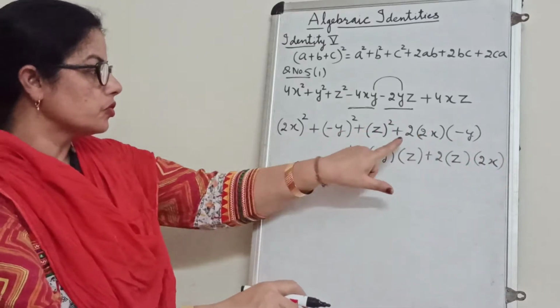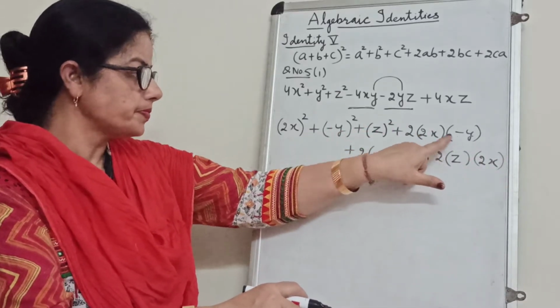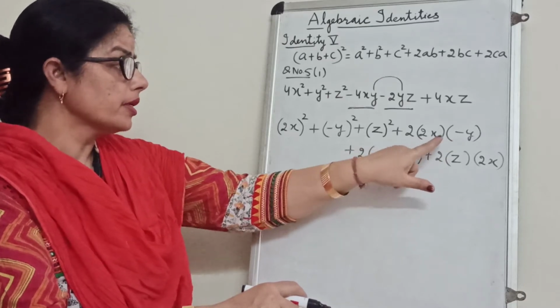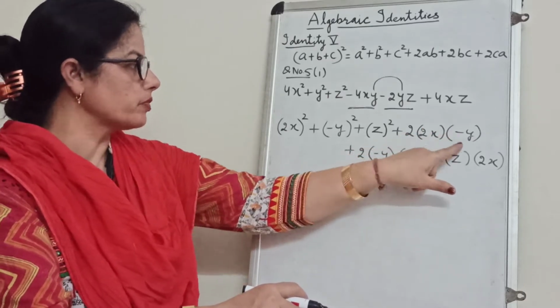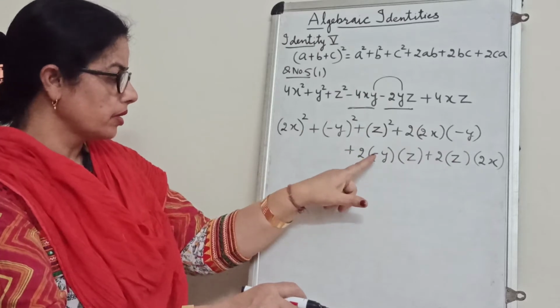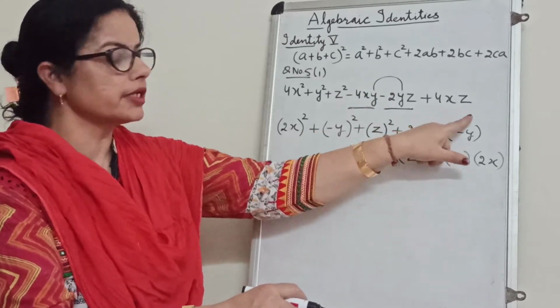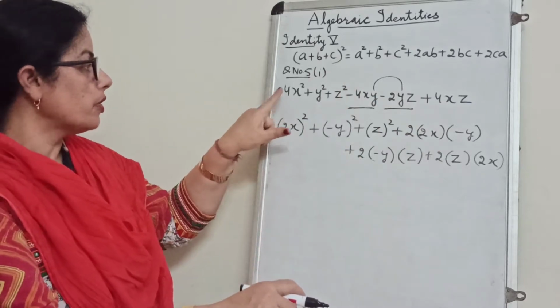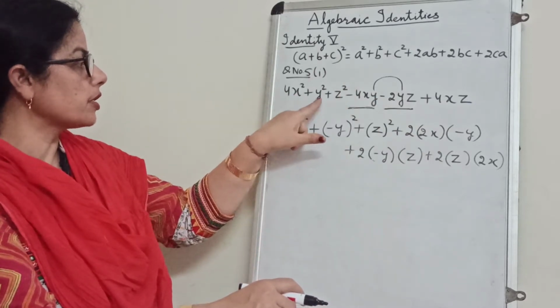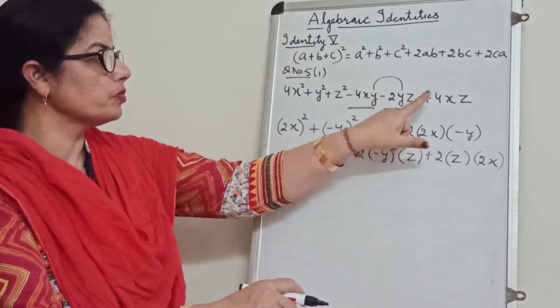If you solve orally, what do you get? Minus 4xy, we are getting. Minus 2yz, it is here. Plus 4zx, it is also here. It means the form is a square plus b square plus c square plus 2ab plus 2bc plus 2ca.